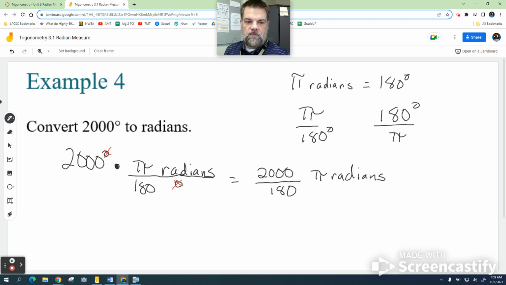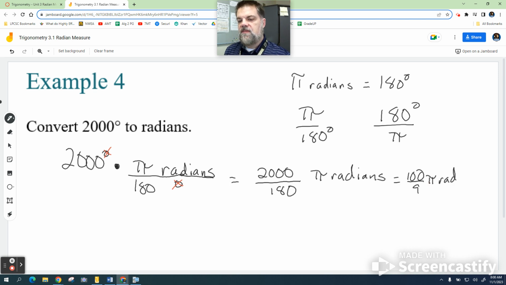So if I reduce that by 20, 20 times what gives me 2,000? Is it 100? And then 20 times 9 gives me 180, right? We'll double check this on the calculator. Is that right? Yeah. So then that's 100 over 9 pi radians.